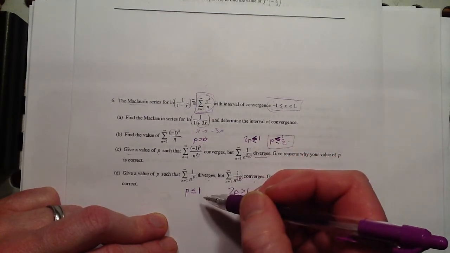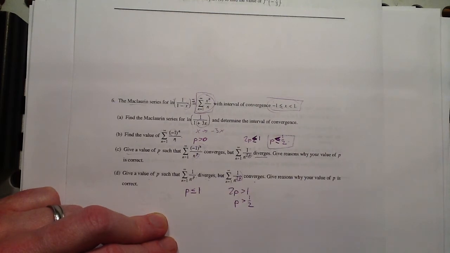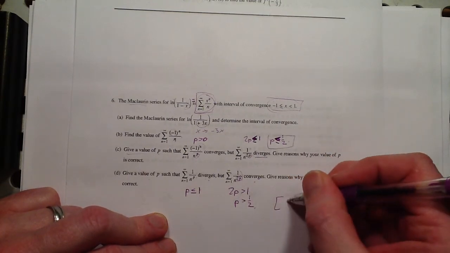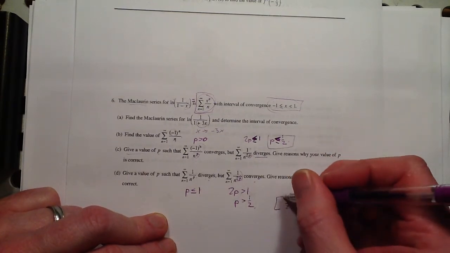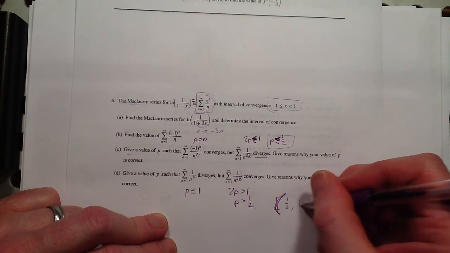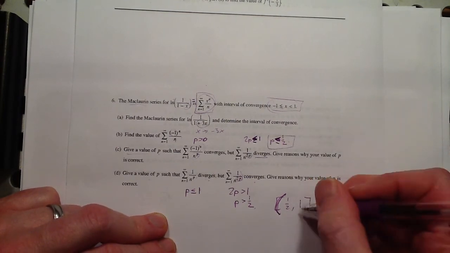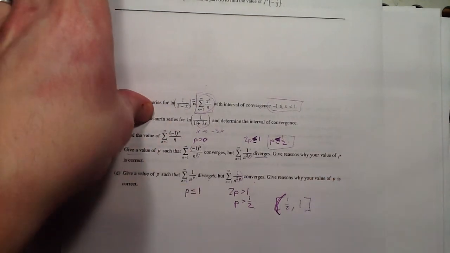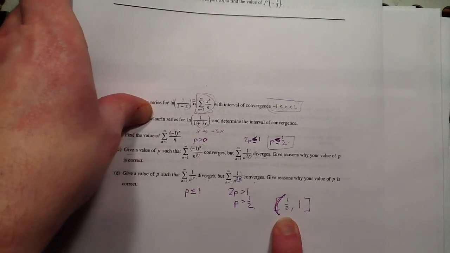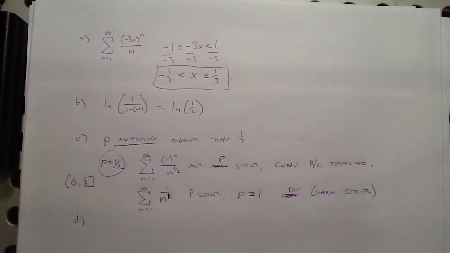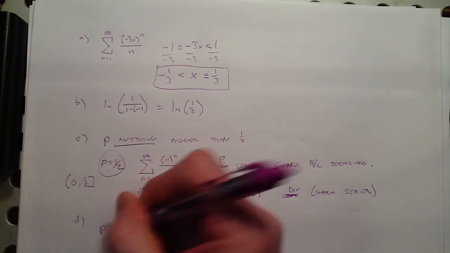So I need to be in between 1/2 and 1, somewhere on this interval from, oops, open at 1/2 to closed at 1. So let's pick 1, say, but you could pick anything here. Not 1/2, right? It's open there. Let's pick p equals 1.